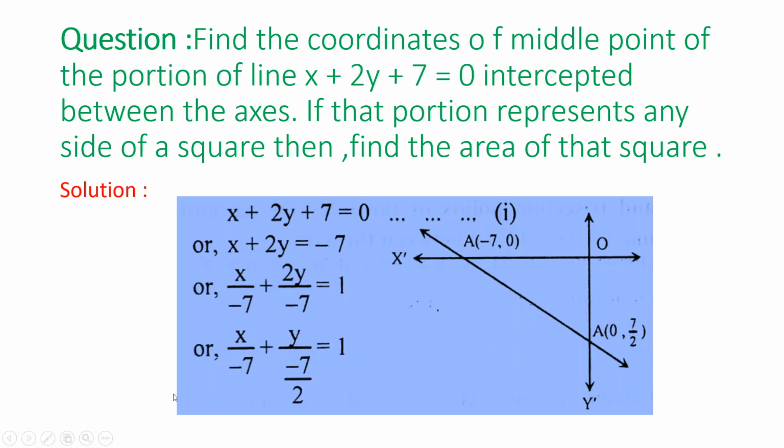Following this formula, we get x by minus 7 plus y by minus 7 by 2 equal to 1. We can represent this equation in the graph: the point A is (minus 7, 0), and another point is (0, minus 7 by 2).